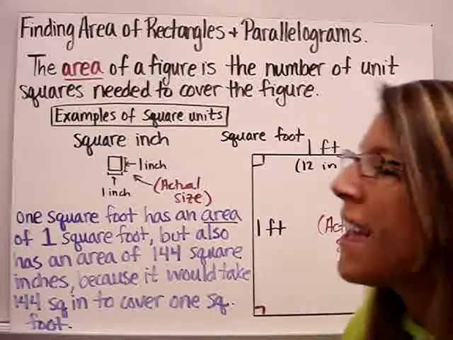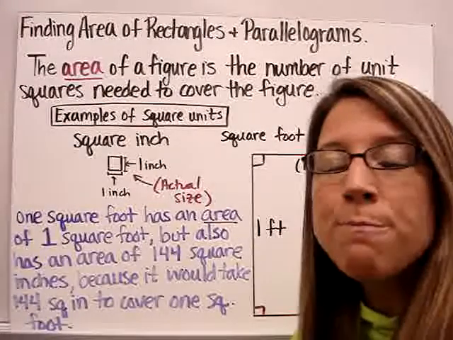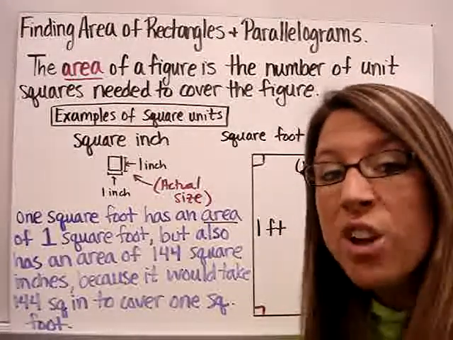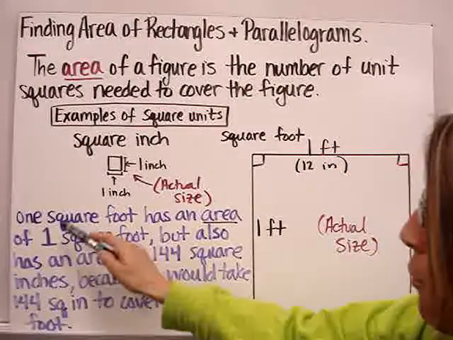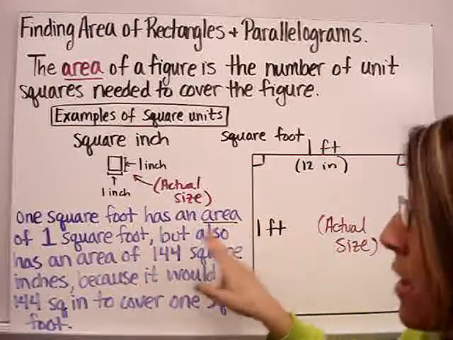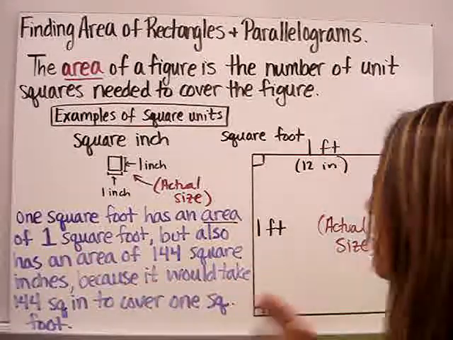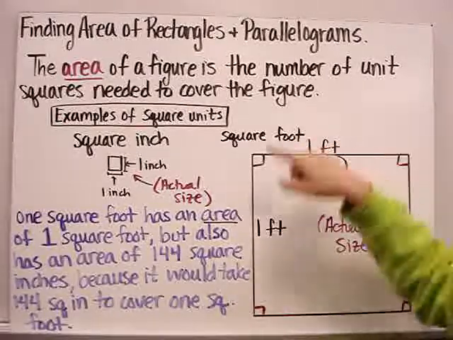So if you were trying to find the area of a room to purchase carpeting, you would measure how many square feet are in the room, and then you would know how much you have to pay total. I made a note for you here that I think is really cool. 1 square foot has an area of 1 square foot.